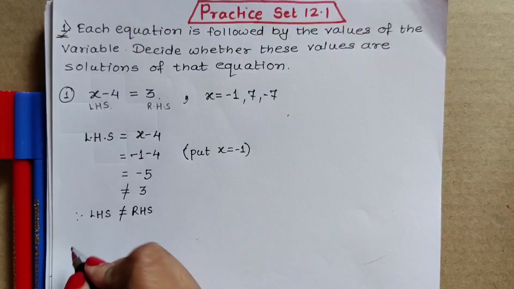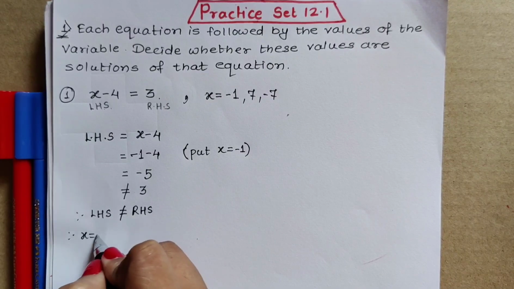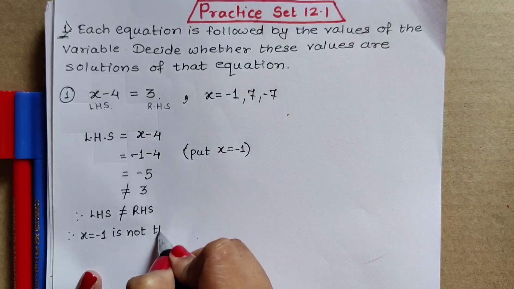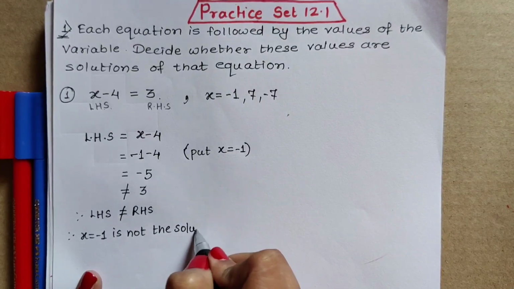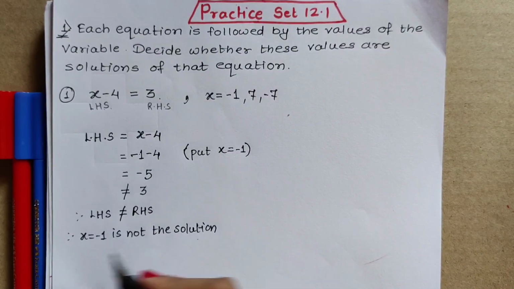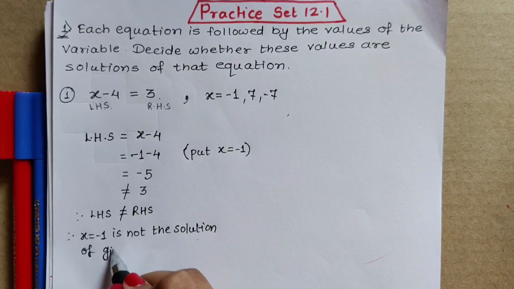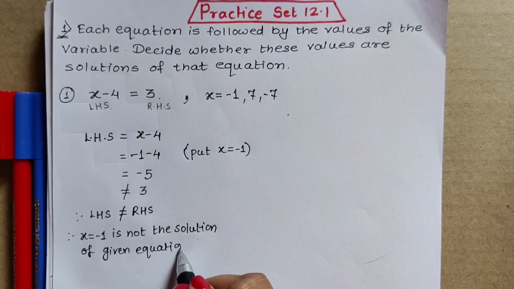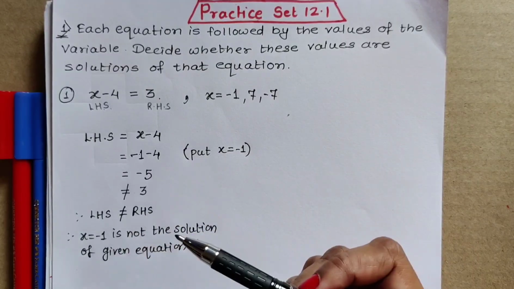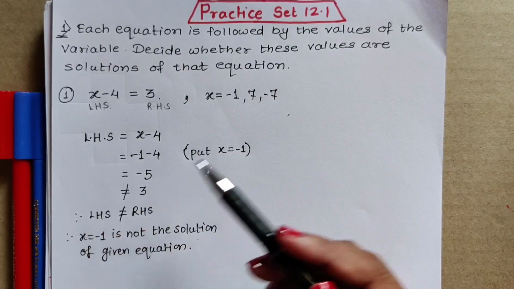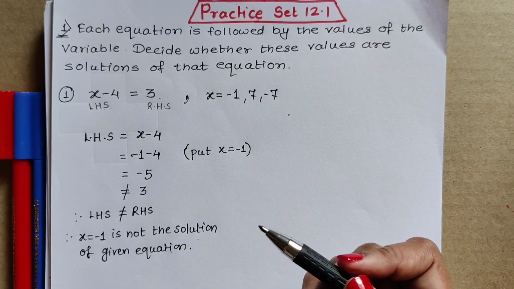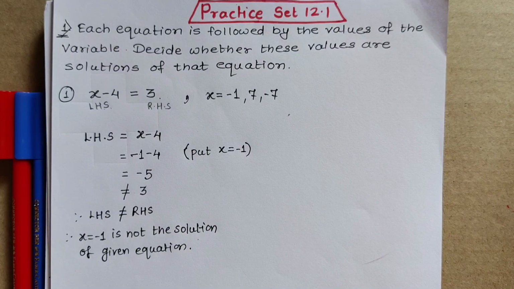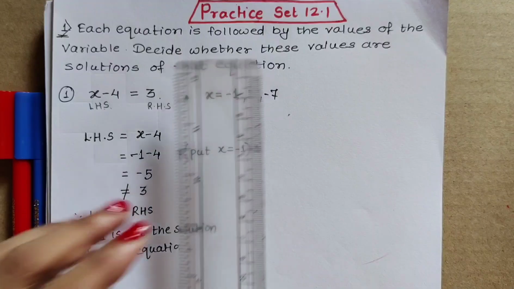That means x is equal to minus 1 is not the solution of the given equation. Why? Because it is not satisfying our equation, because left hand side is not equal to right hand side. So as it is not satisfying the equation, it is not the solution of our equation.